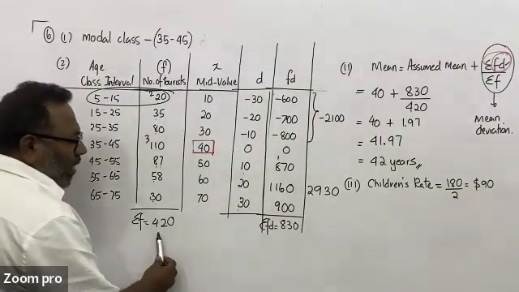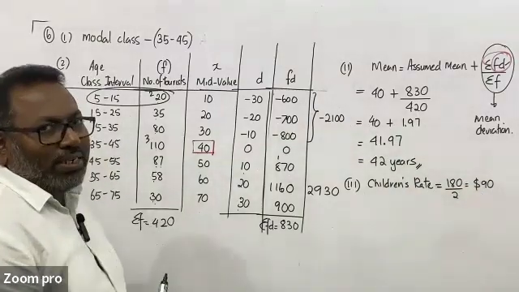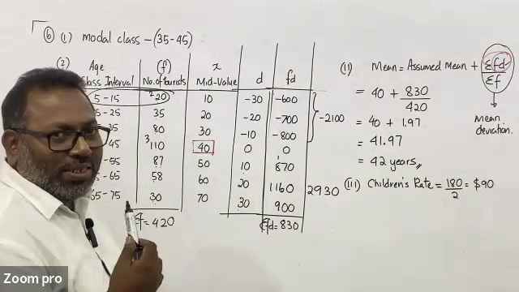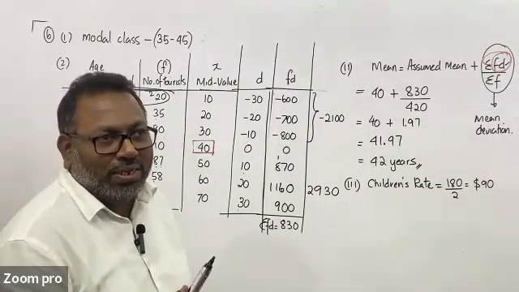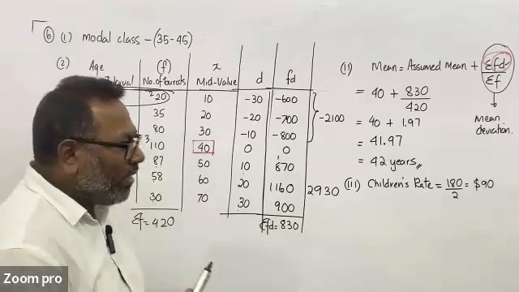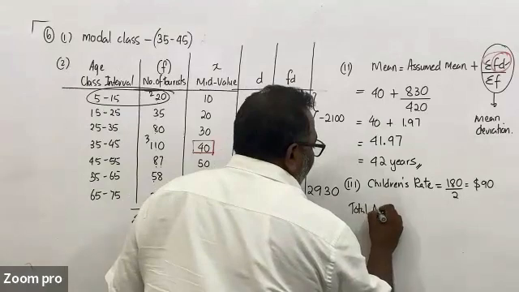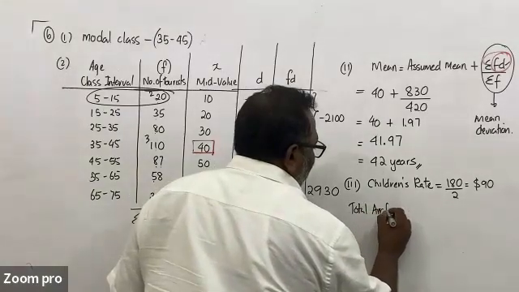So out of this 420, 20 are children. All the others are adults. All the others, what is the rate going to be? Each ticket is $180. Therefore, total airfare is going to be how much?